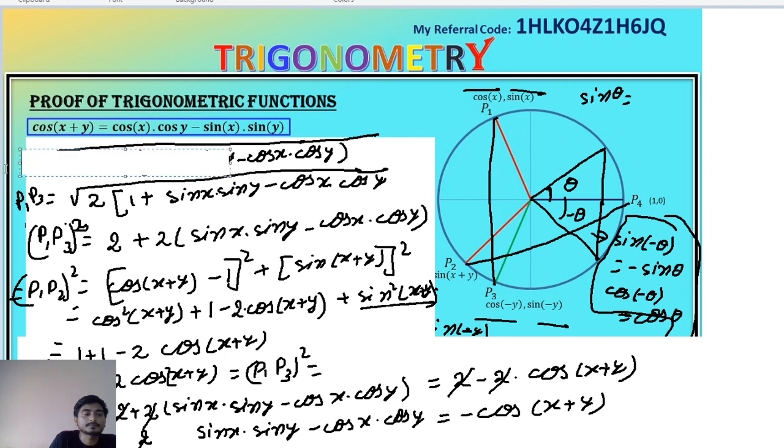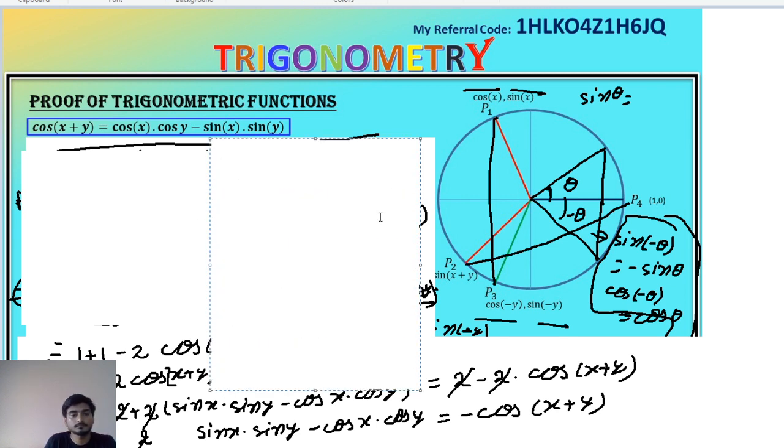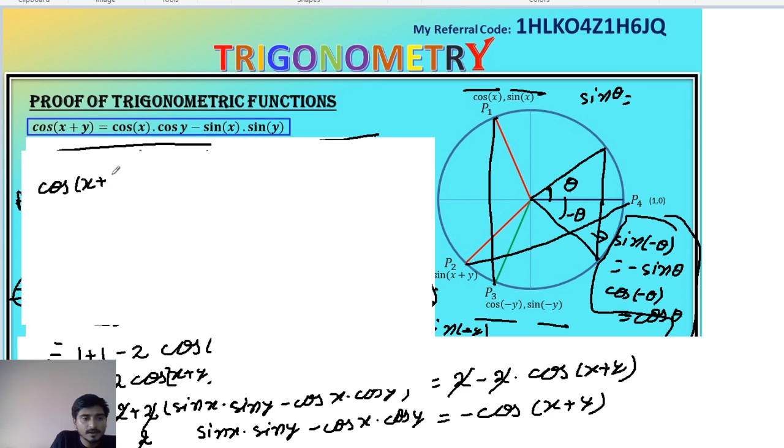So again, if I want to take minus common, I can easily write this in another way. I can write this as cos of x plus y is equal to, I will take minus minus outside, so this becomes cos of x into cos of y minus sin x into sin y.